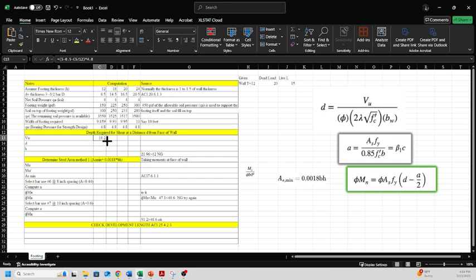So let's drag this across. Hopefully they all come out good. They look all right. Next we're going to calculate the depth of D. Let's go ahead and do that.